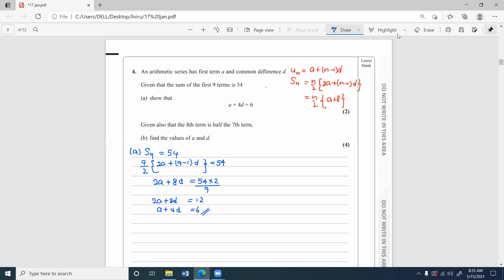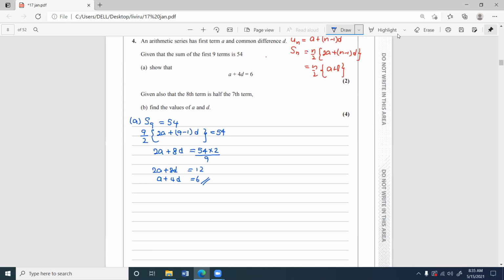Given also the 8th term is half. Read this question properly, that's the point to understand. Given that the 8th term is half of the 7th term, that is U8 is half of U7. So you can generate another equation with this. The 8th term is a plus (8 minus 1)d, which is half of the 7th term, a plus (7 minus 1)d.